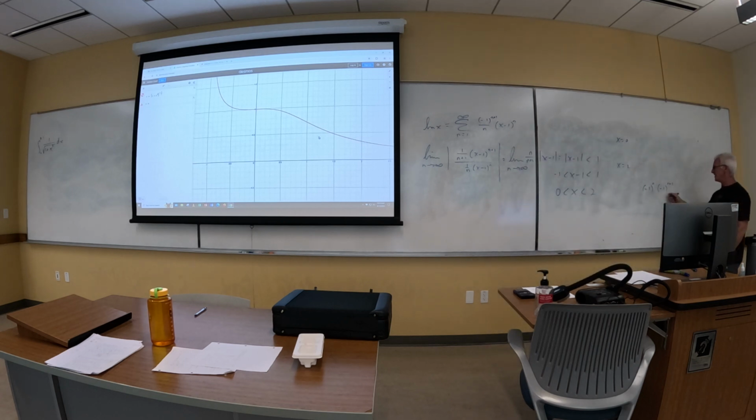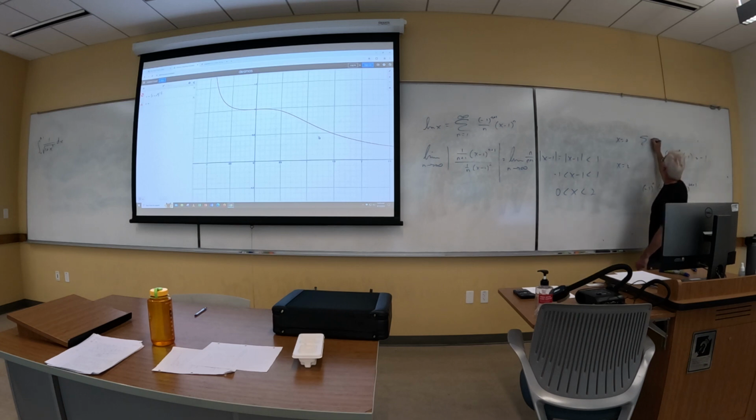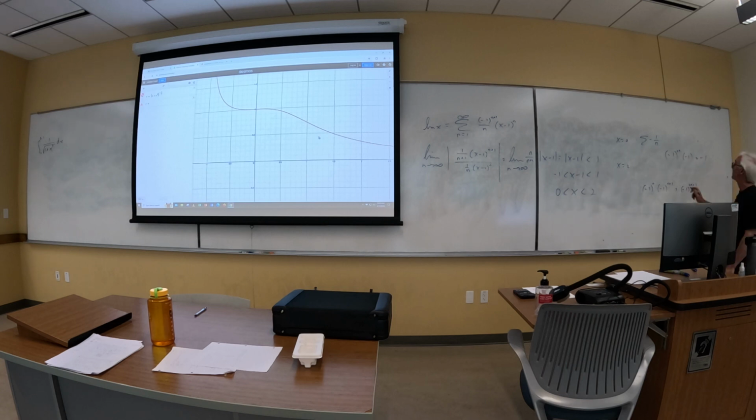If I do negative 1 to the n times negative 1 to the n plus 1, won't that be negative 1 to the 2n plus 1? Wouldn't that be the same as negative 1 to the 2n times negative 1 to the first? Well, what's negative 1 to the 2n? 1. So that means this is equal to negative 1. Oh, so I would get negative 1 over n, which is just the negative of the harmonic series. So that will, what? This will diverge.